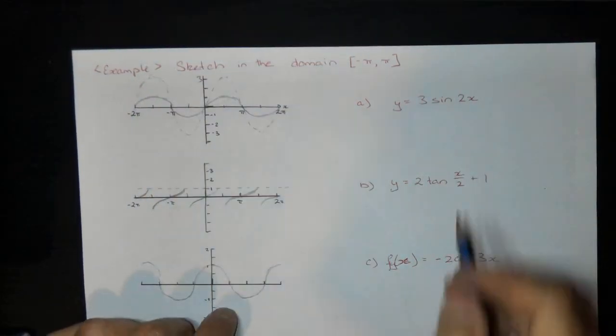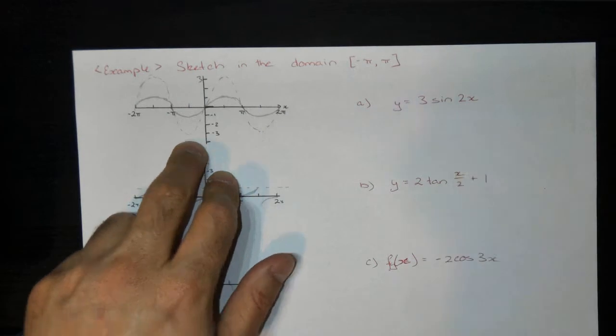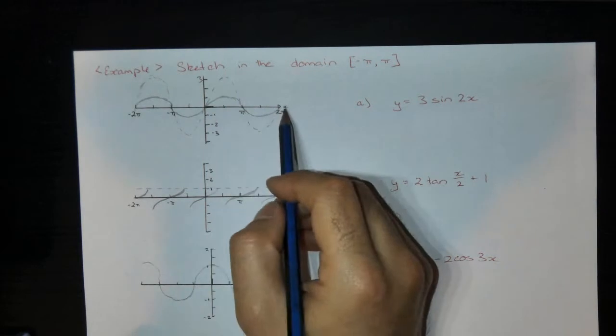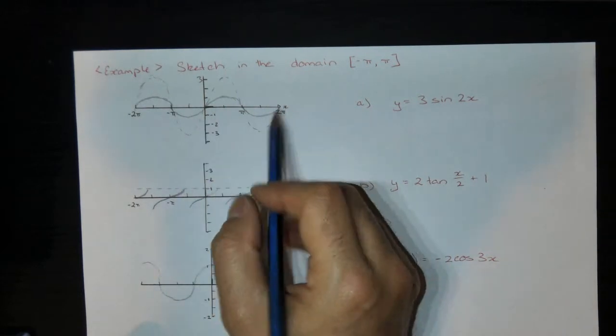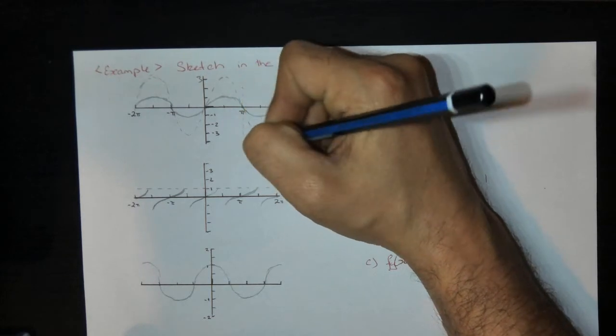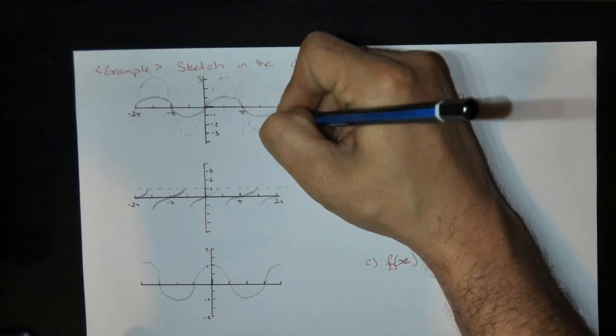Okay, and now it's going to be 2x. It means that we're going to have a period of pi. Currently the period happens between here and here. We're just going to halve that. So it's going to happen twice in this section.